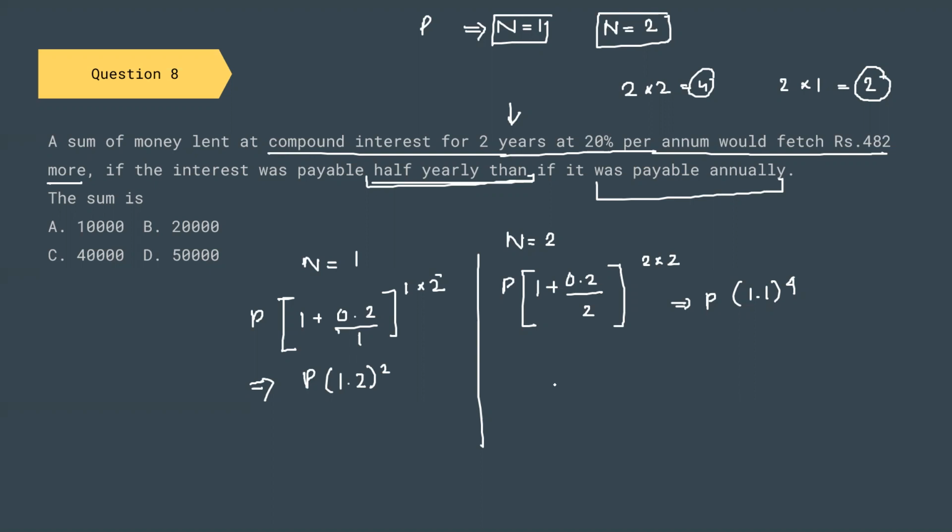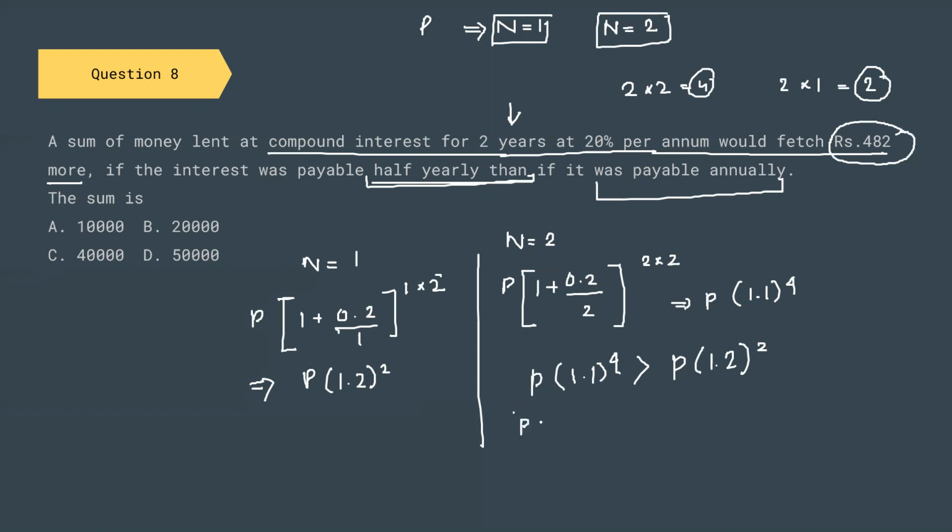Now what they are saying is that if the amount is compounded half yearly, then it is going to fetch us more amount than if the amount was compounded yearly. And what is the difference? The difference is of 482 rupees more.